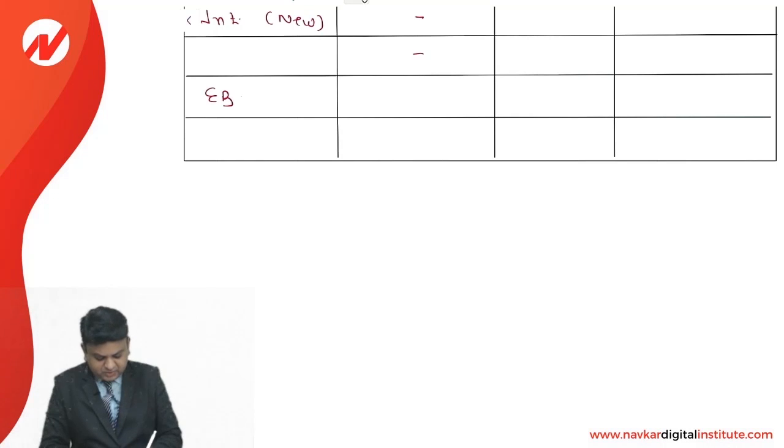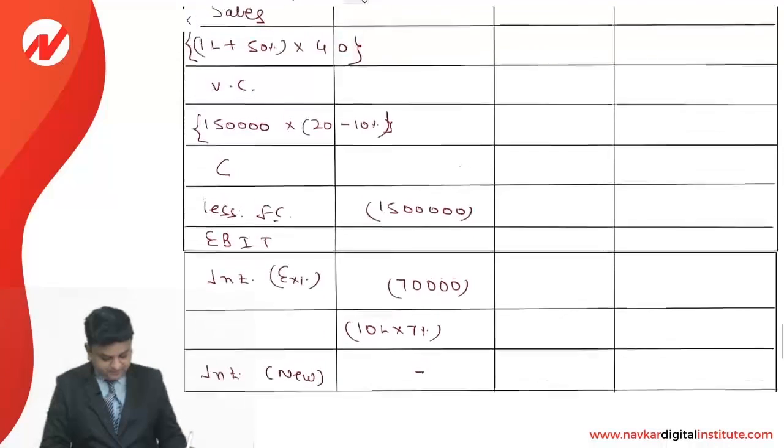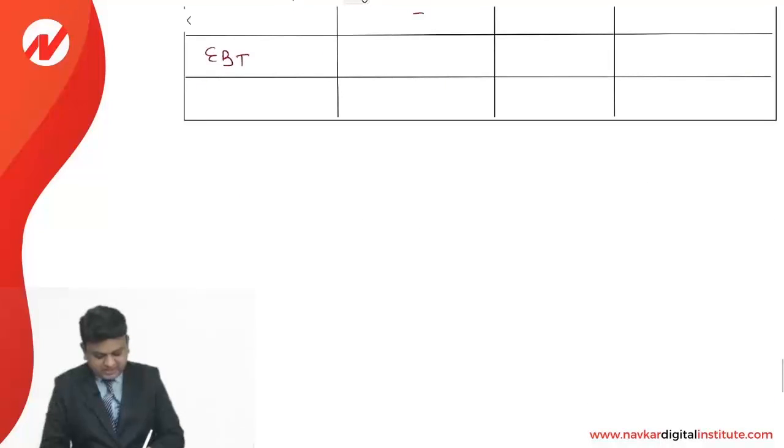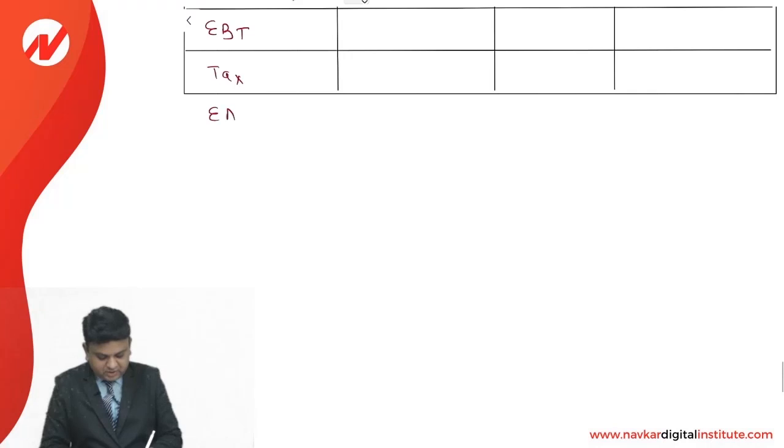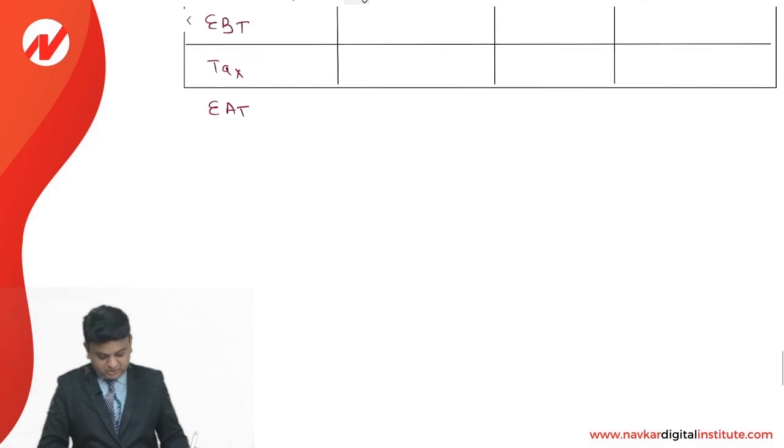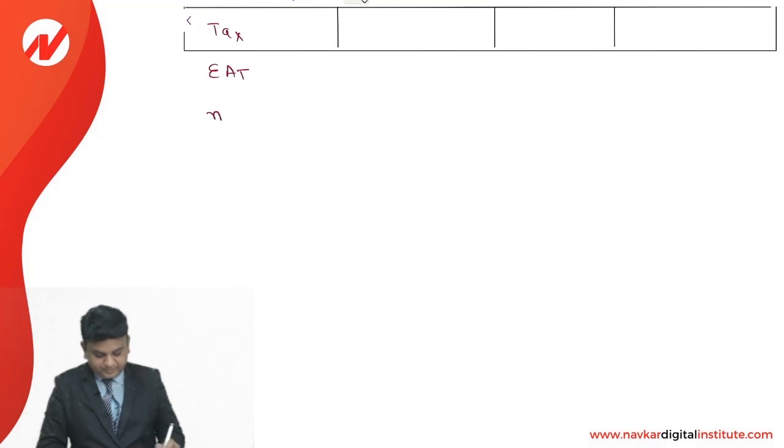EBIT minus interest will give EBT. From that, the tax will be deducted to compute the earning after taxes. There is no preference dividend evident, so earning after taxes itself is the earning available to equity shareholders, divided by the number of equity shares.